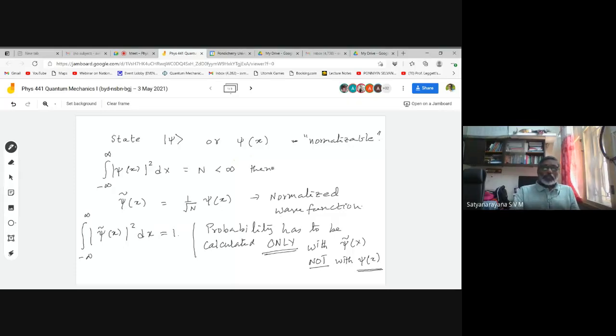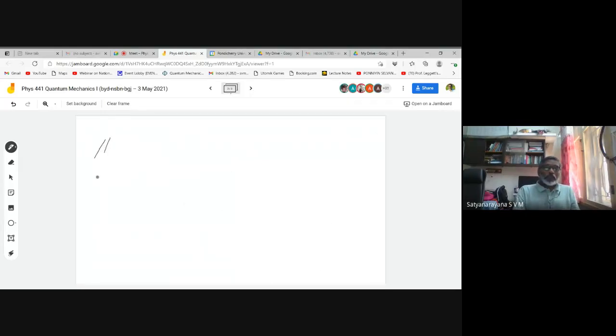So in quantum mechanics, this is what I said is a matter of discipline. Given a state, if somebody gives you a state psi of x, the first thing that you do is check if psi of x is normalized.